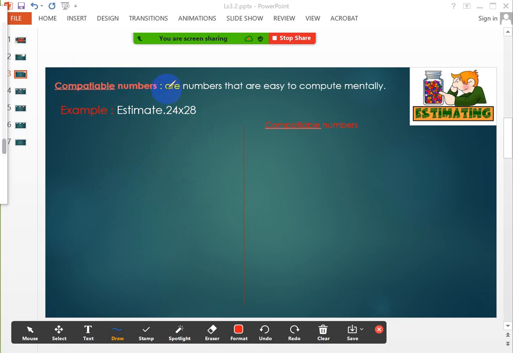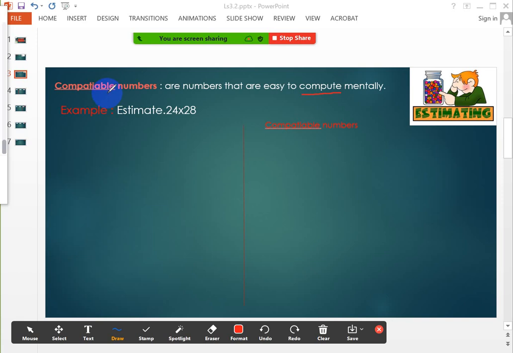What are compatible numbers? Compatible numbers are numbers that are easy to compute mentally. What is the meaning of compute? Compute means I can calculate the number easily. So compatible numbers means suitable numbers to each other.